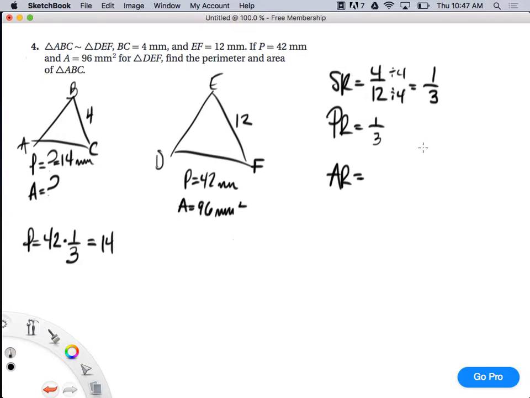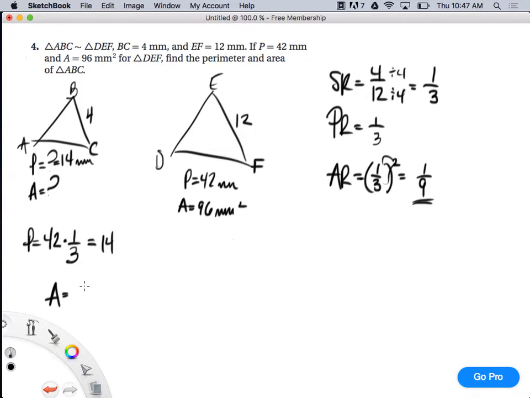I find the area ratio by squaring the similarity ratio. So I do 1/3 squared. 1 squared is just 1. 3 squared is 9. So it's 1/9. Okay?